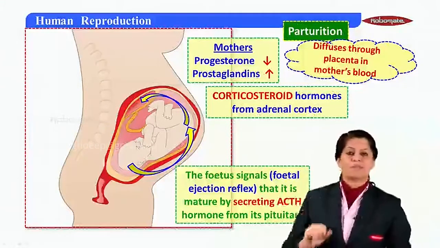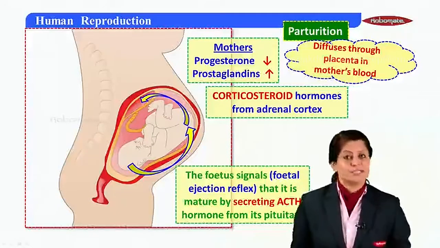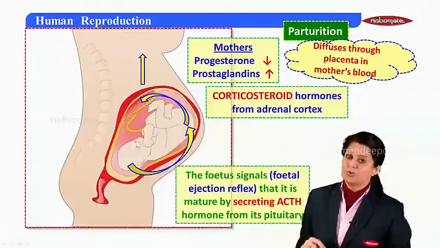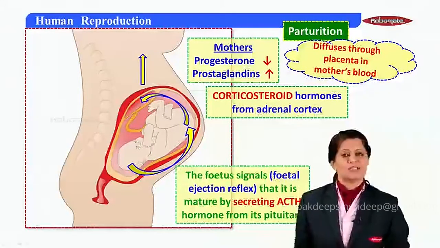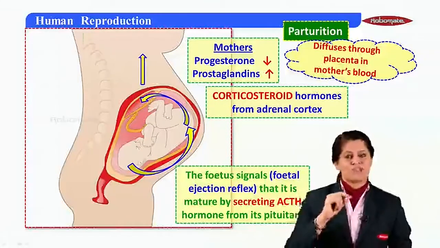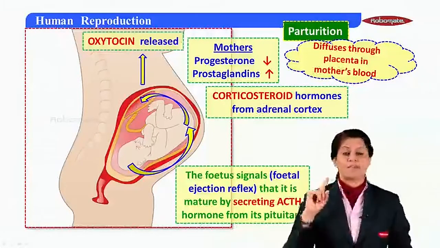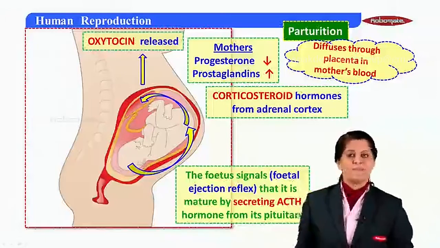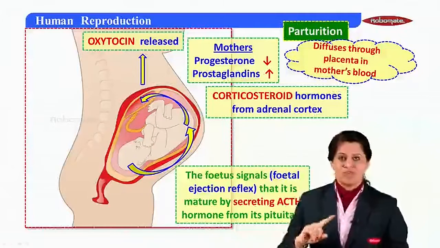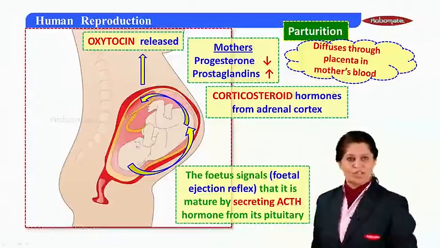And what is stimulated is the release of a group of hormones called prostaglandins. And what do these prostaglandins do? These prostaglandins, students, stimulate pituitary of mother to start releasing oxytocin hormone. Remember, oxytocin is made by hypothalamus, stored in pituitary. So it stimulated the mother's pituitary to start releasing oxytocin. And we know the role of oxytocin.